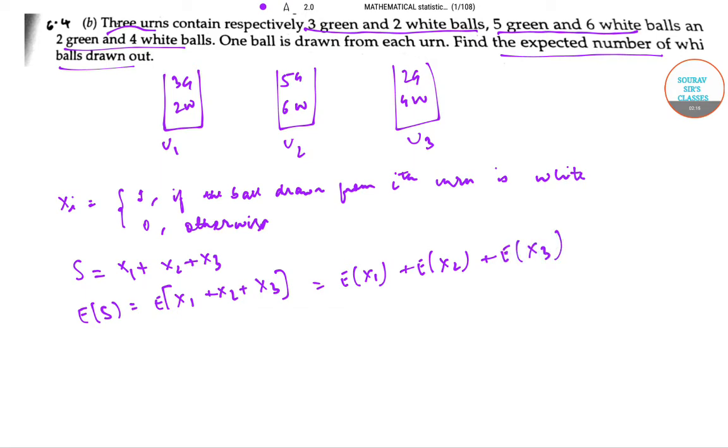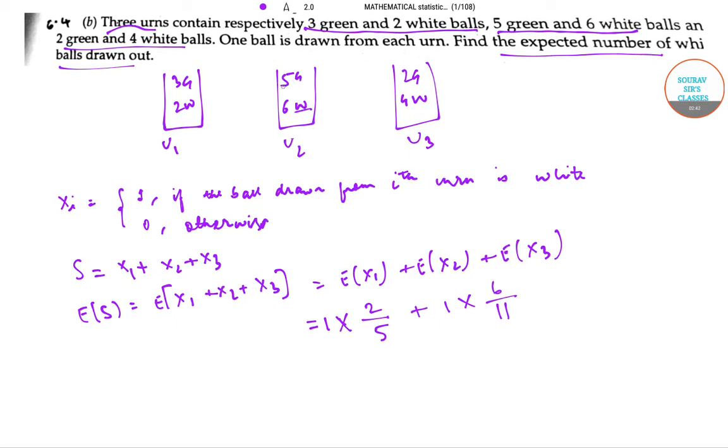Since we can draw one white ball in one draw, so 1 into probability that the white ball would be drawn from the first urn is 2 by 5, since we have a total of 5 balls over here, plus 1 into 6 by 11, since we have 6 white balls and 6 plus 5, 11 total balls.